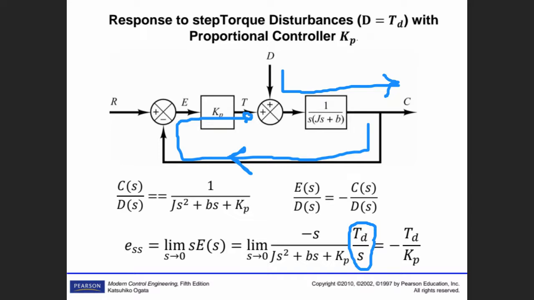So this problem reflects that increasing Kp is actually reducing the error. This is the error caused by the disturbance, okay?